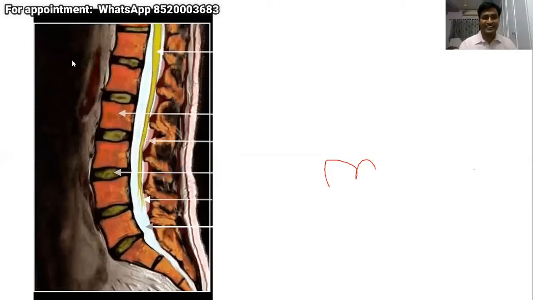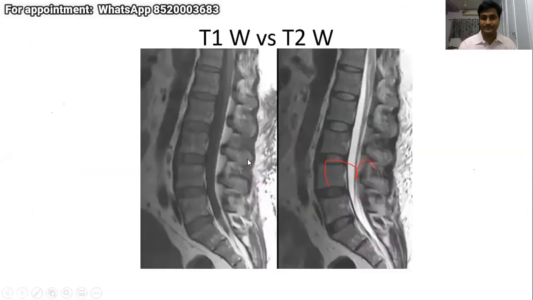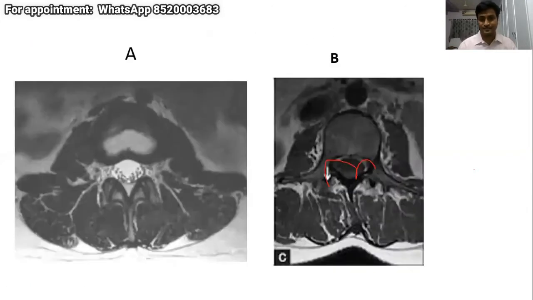I think the sagittal cut everyone will be able to easily identify. Should I revise that or not required? One time you can tell, sir. Now, if I give you both the cuts, A and B, which will be more useful for you?